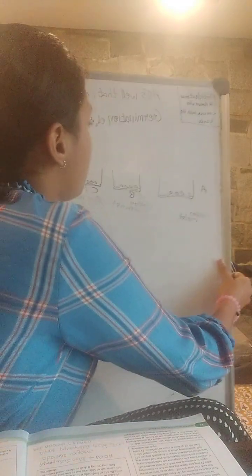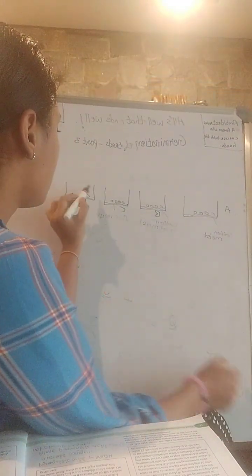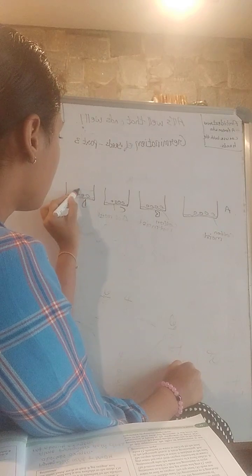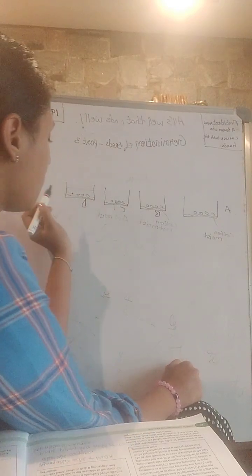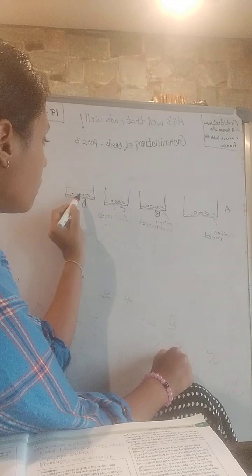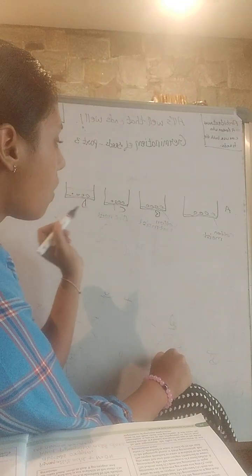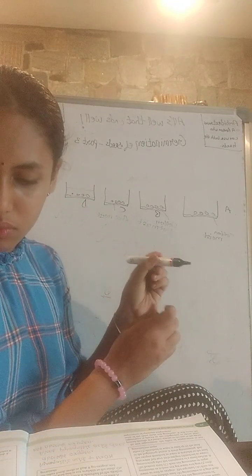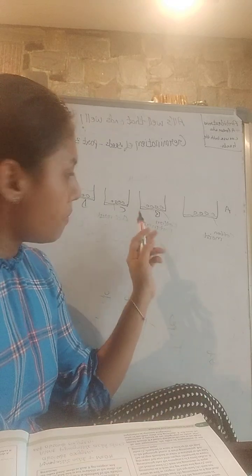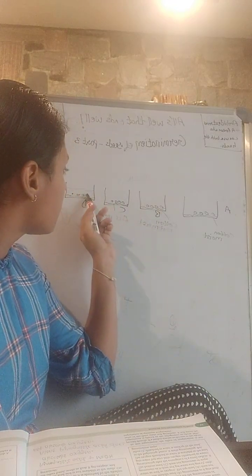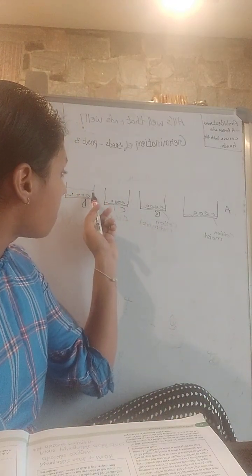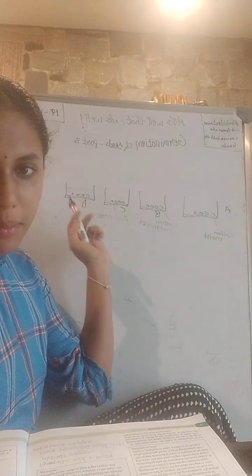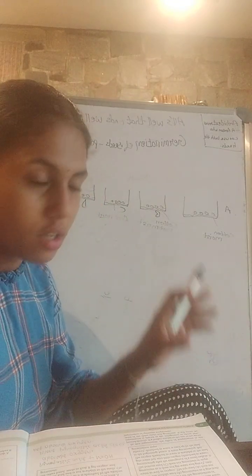And then in the last petri dish, in petri dish D, the seeds are completely submerged inside the water.